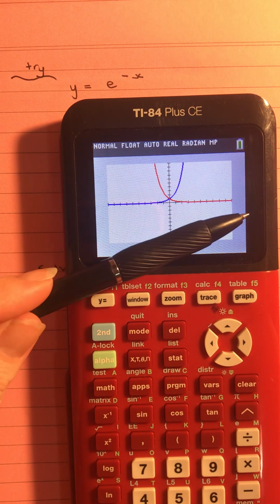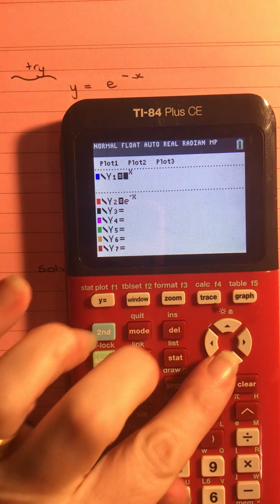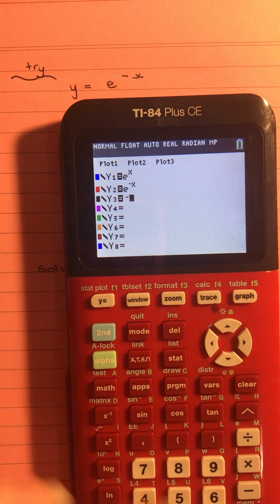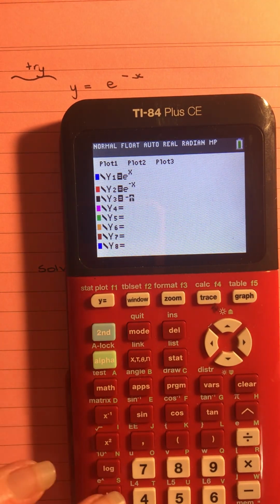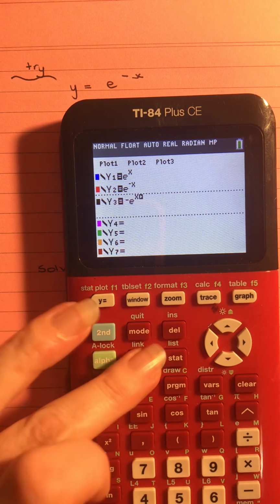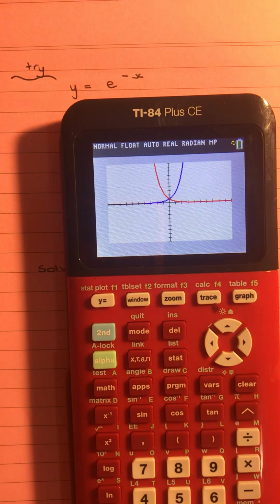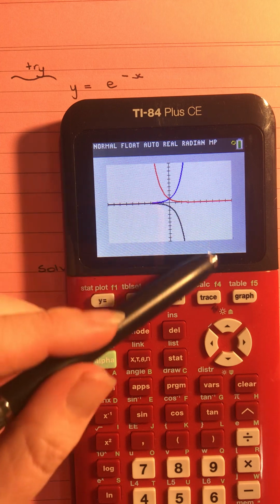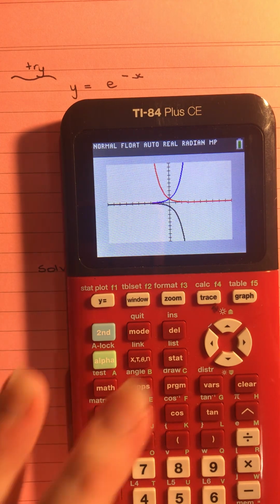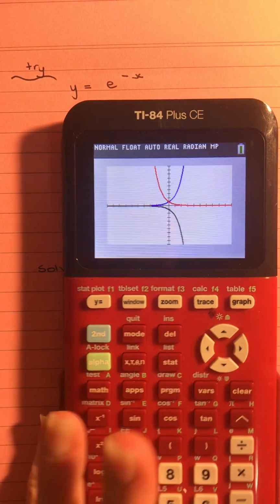So we can see it's coming down that way. When we do the negative in front, we're going to assume that we're going to get another reflection, but this time it's going to be in the x-axis. And there we go, we've got it coming down there. So there's a couple of features to look for with your e to the x.